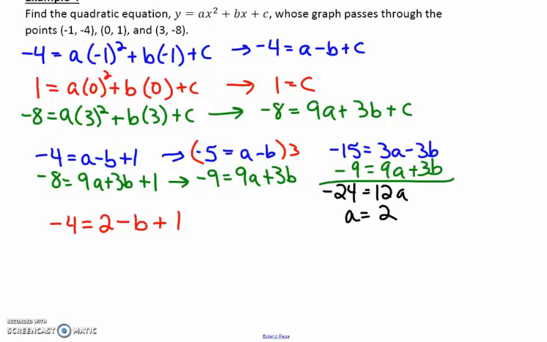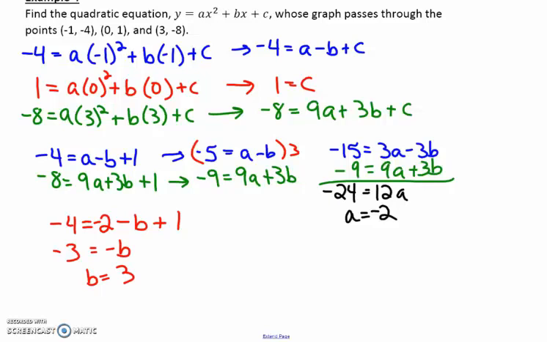Wait, that's a -2. Ah, that's why. Okay, so it will be -3. Let's fix that over there. That's a -2 over there. Okay, so -3 equals -b, so b equals 3.